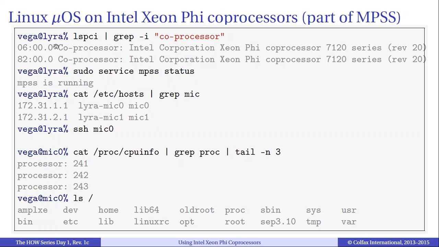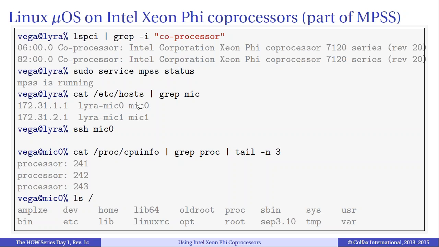Well, okay, this is just some device on my PCI Express bus. What's special about it? This is where the special part starts. I query my hosts file. The meaning of the hosts file is it contains IP addresses and host names of the hosts that are extremely important to the system. And it has two interesting entries, Lyra-mic0 and Lyra-mic1.